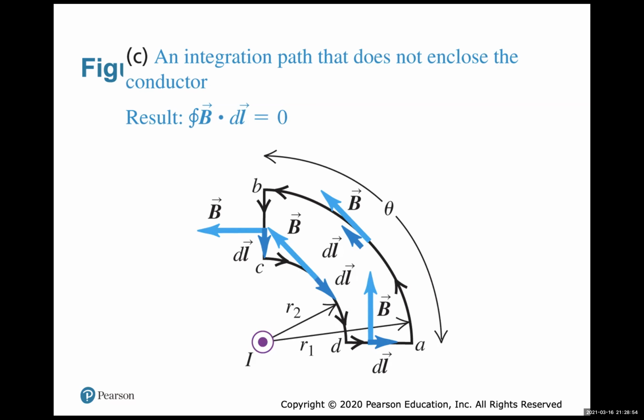A completely analogous situation is going to happen as we go from point C to point D on the inner tangential path. But here we're walking opposite the magnetic field. The negative dot product on the inner path and the positive dot product on the outer path will cancel, and the result will be 0.